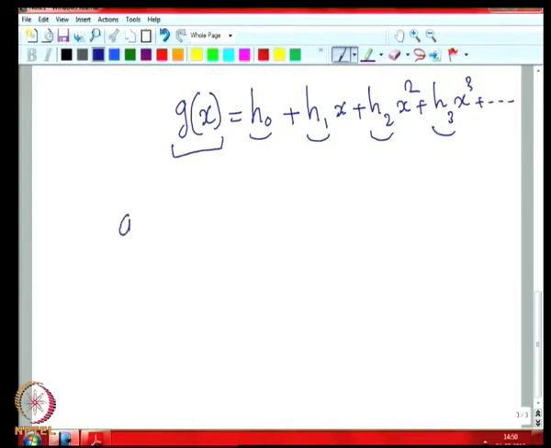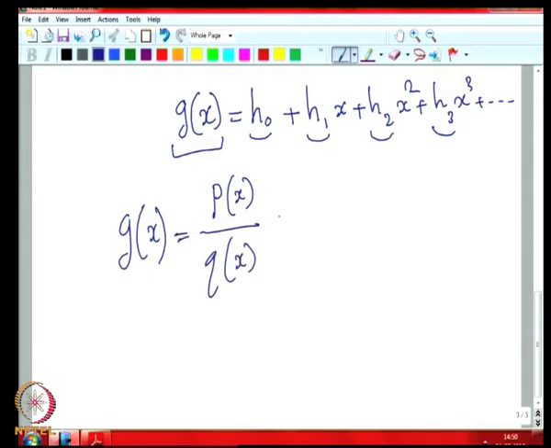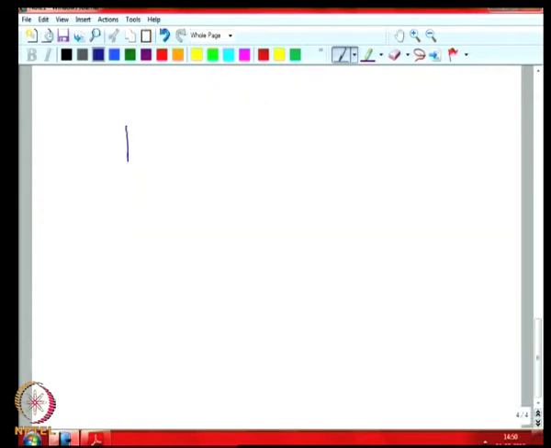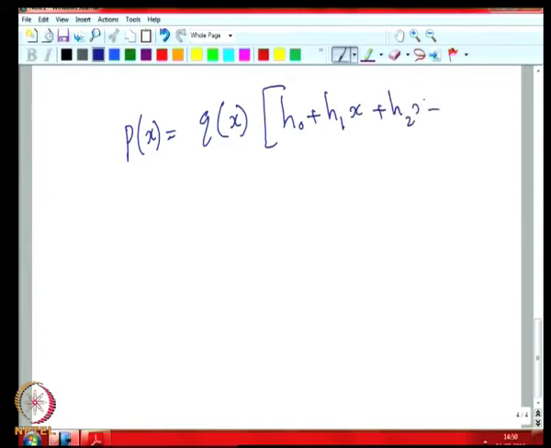So our claim is that this g of x is equal to p of x by q of x, where p of x and q of x are given and have the properties mentioned before. So we can cross multiply. We get p of x equal to q of x into h0 plus h1 x plus h2 x square plus and so on.